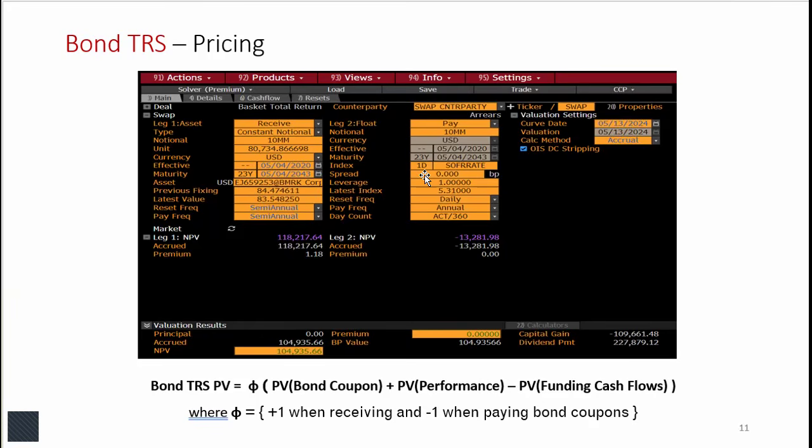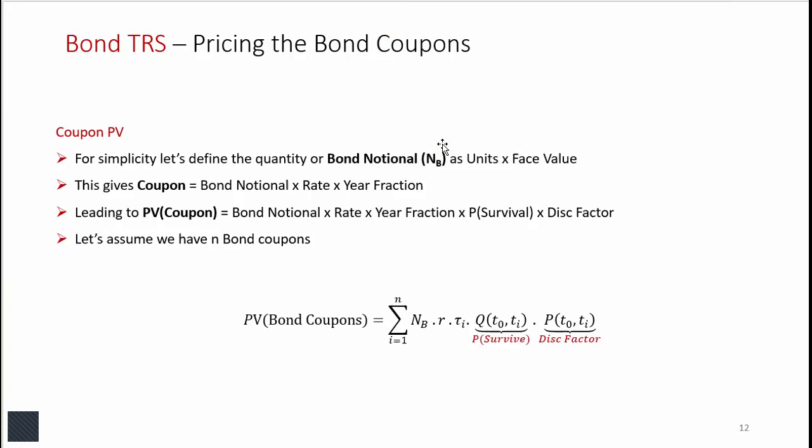When we're pricing the funding leg, we always work in cash terms, but we may have a constant notional or constant number of bonds on this leg. So on the bond leg, we're working in units, and on the funding leg, we're working in cash terms, so be careful to avoid getting confused by that.